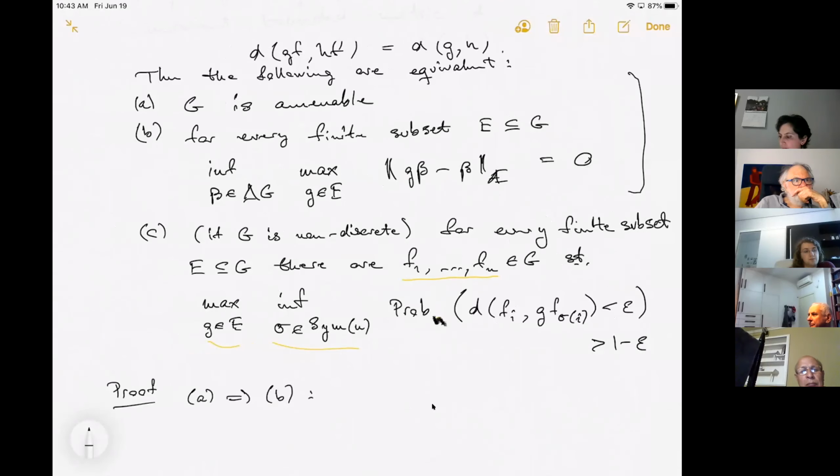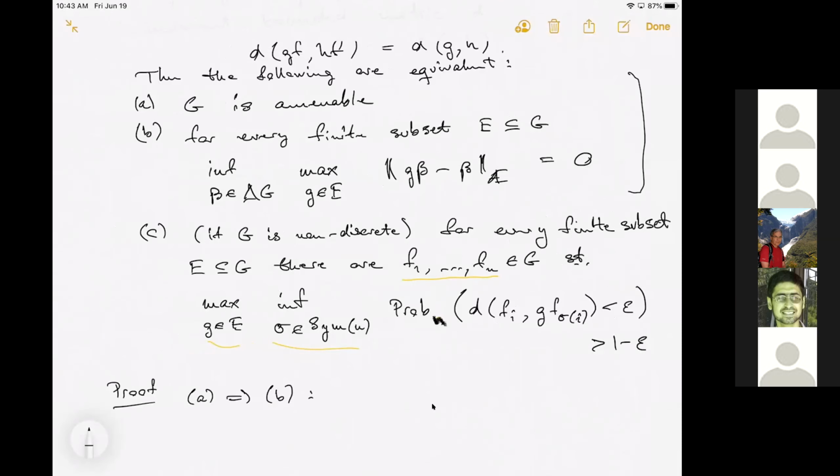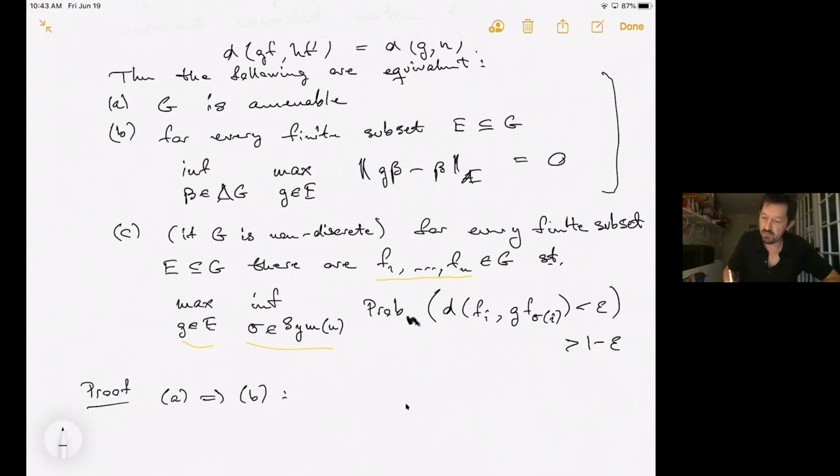Okay, so what is this statement? We associate a Banach space to this, namely I take X to be the direct sum of, so I start with an amenable group, I have my finite subset E here, and now I take the direct sum of E copies of my Arens-Eells space MG.